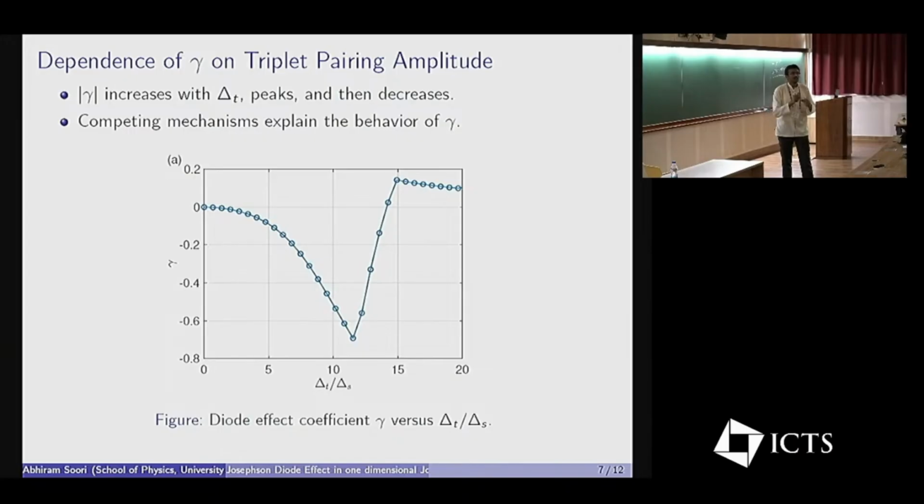And these are at different energies. And the states at different energies favor the supercurrent in different directions. They favor the Josephson diode effect in different directions. So on the whole, it kind of gets cancelled. So that's why as more and more states start participating in the transport, the diode effect coefficient decreases.